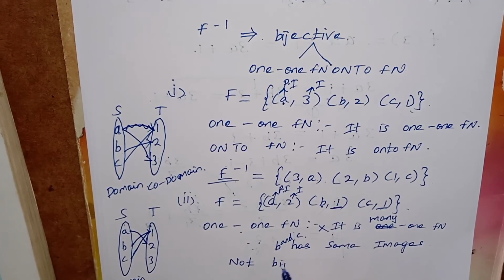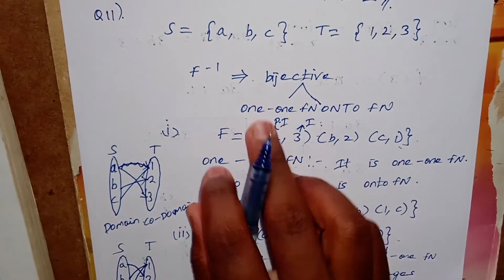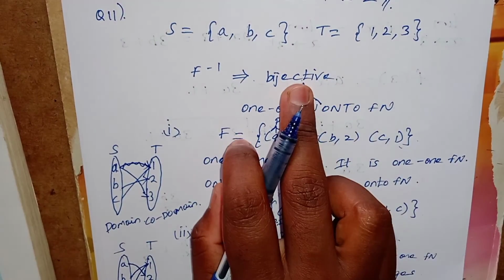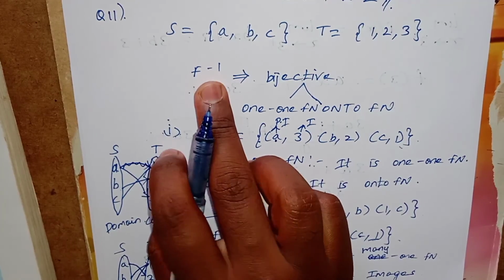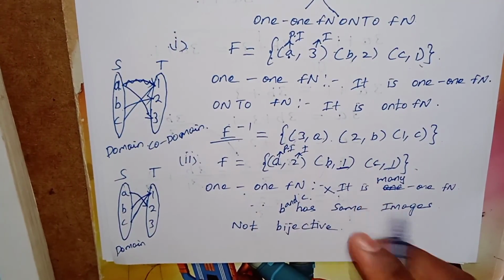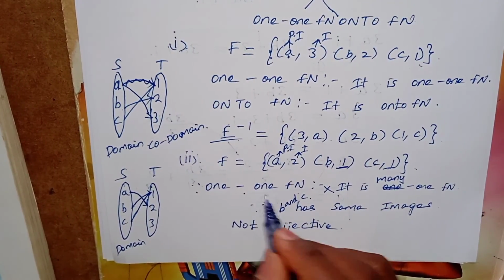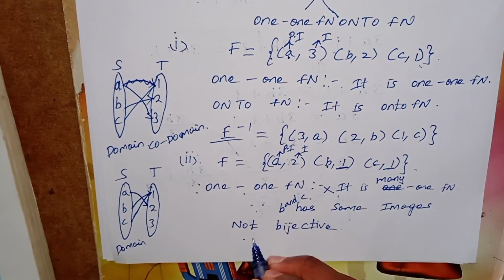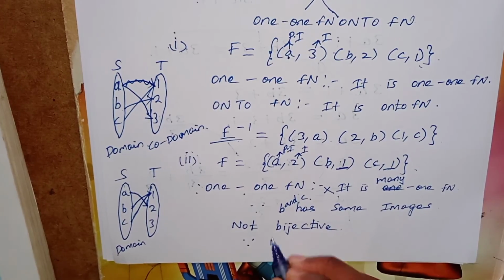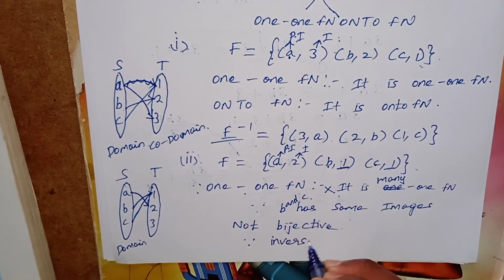Not bijective means if both one-one and onto are satisfied, then it is bijective. Bijective means we can find the inverse. But here, right from the start, it is a many to one function. Therefore the inverse does not exist.